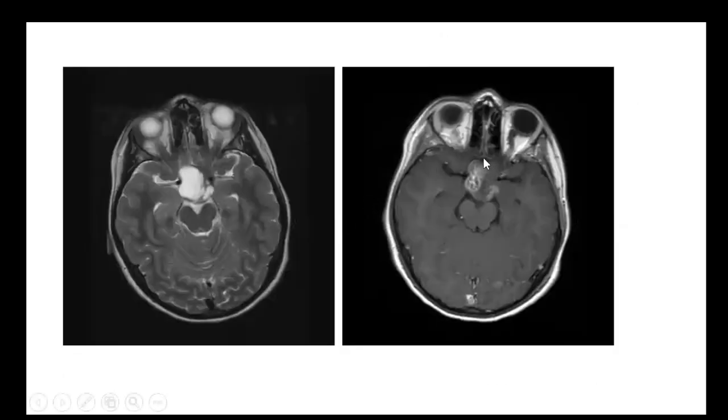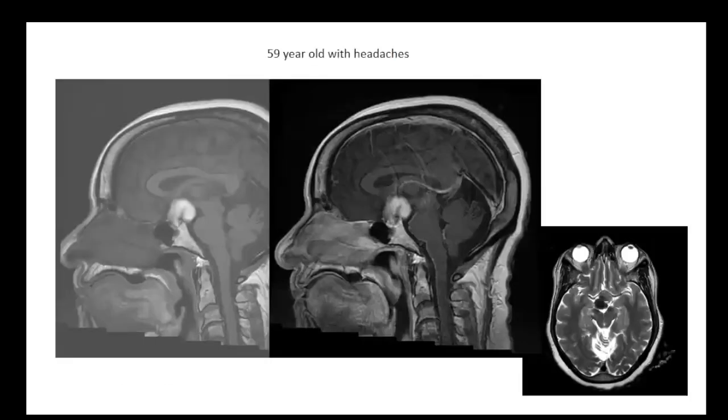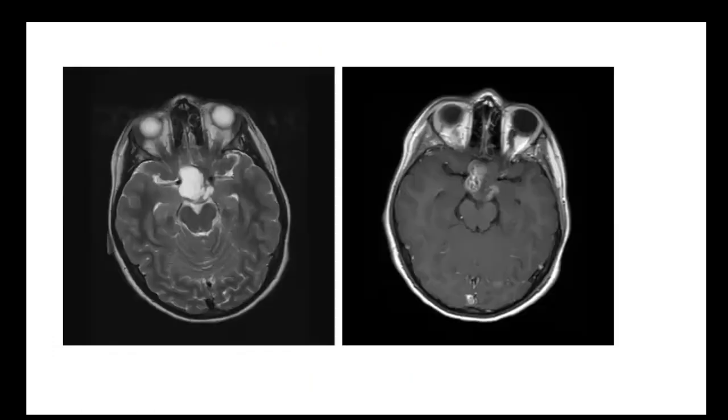This is what it looked like post-contrast. This is what it looked like on the T2 weighted imaging. I'll just go back and look at that again. 12-year-old, neurofibromatosis type 1.